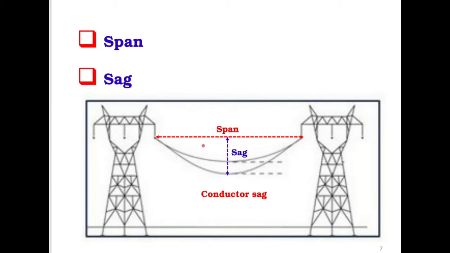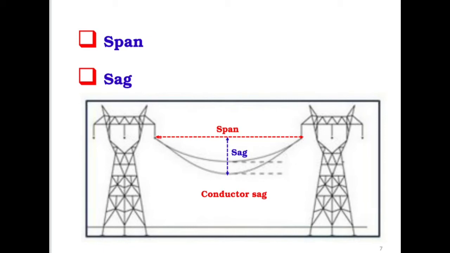If we allow less sag, the tension will be more and more, and the conductor material might reach its ultimate tensile strength and break at the point where it is fastened to the transmission line tower.